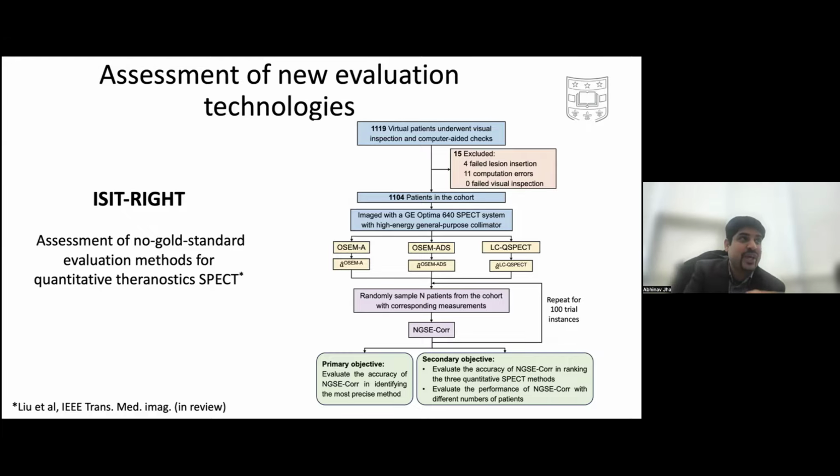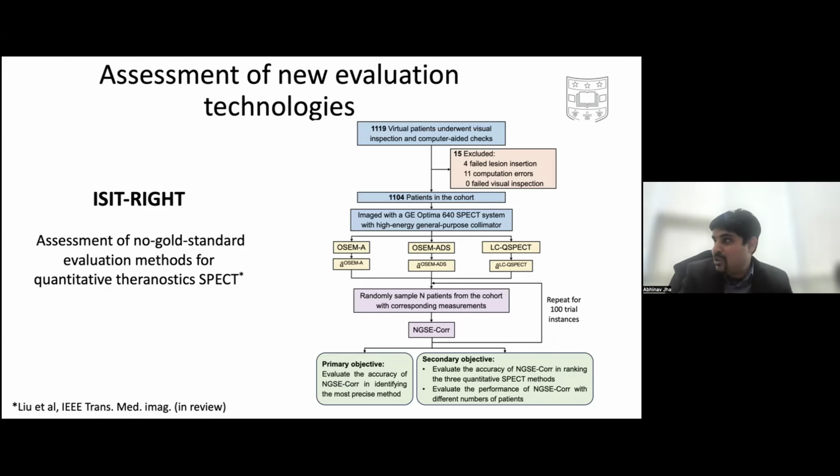Now, if I knew the truth, I could do it right away. I don't. But that methodology assumes the truth is sampled from some distribution, and based on that, it is able to identify which method is actually having a higher amount of noise. And so therefore, it is able to provide an indication of which method is better. Not going into that in detail, I'm happy to talk about it.